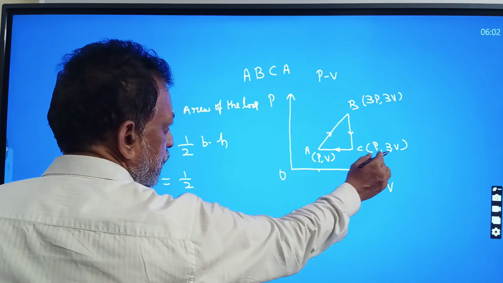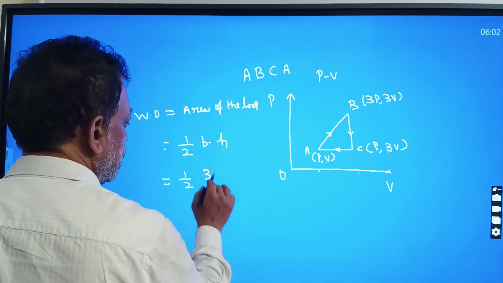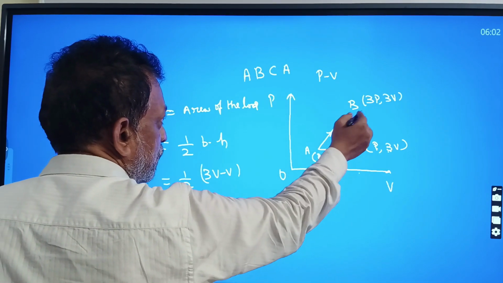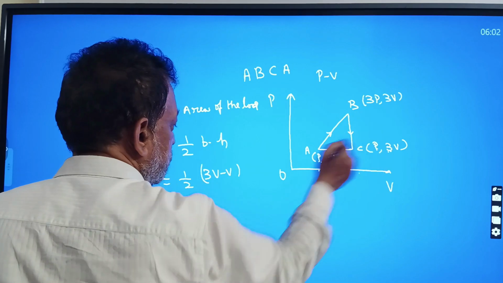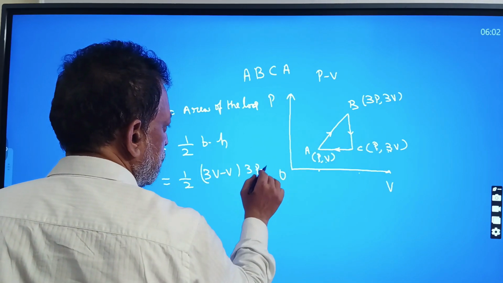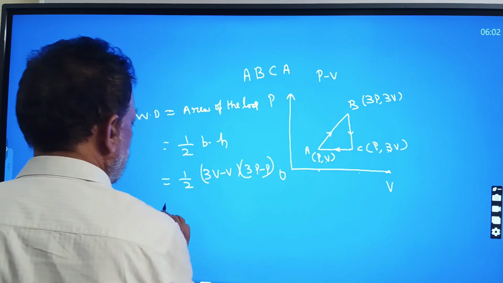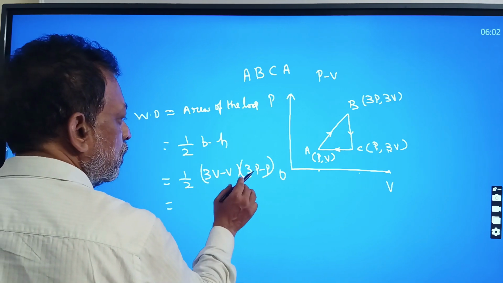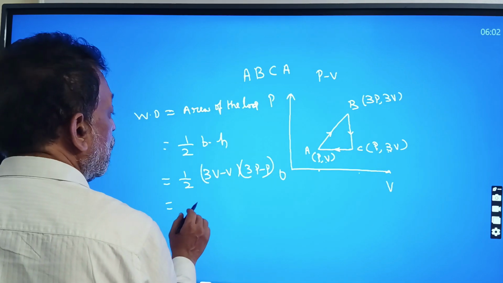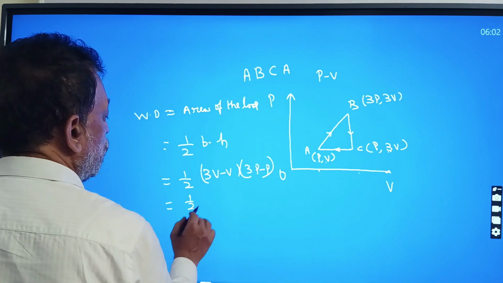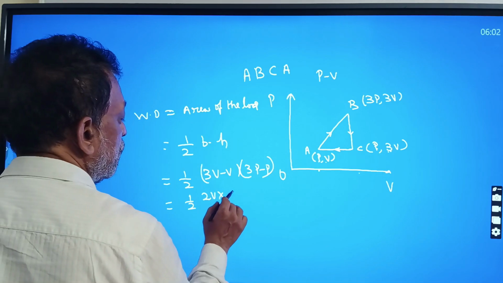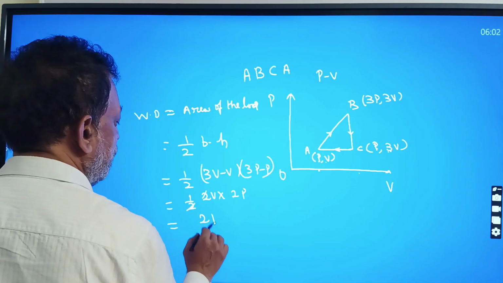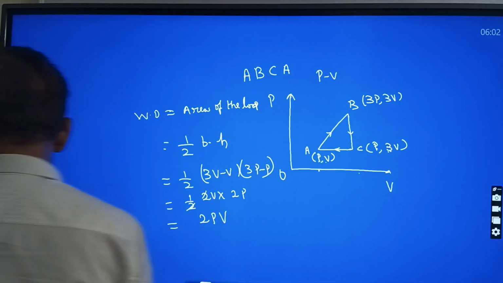What is the volume? 3V minus V. The pressure difference is 3P minus P. So this is 2V and this is 2P. How much are we going to get? One by two into 2V into 2P. So the answer is 2PV.